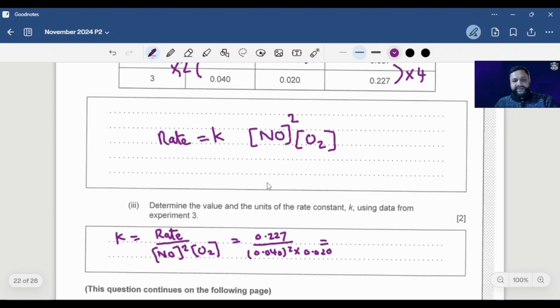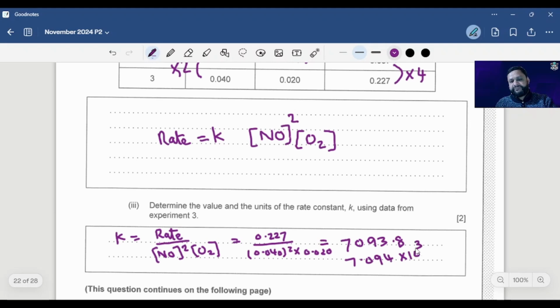If I solve this, that gives me 7093.8. Or we can write it in standard form, so 7.094 times 10 to the power 3.